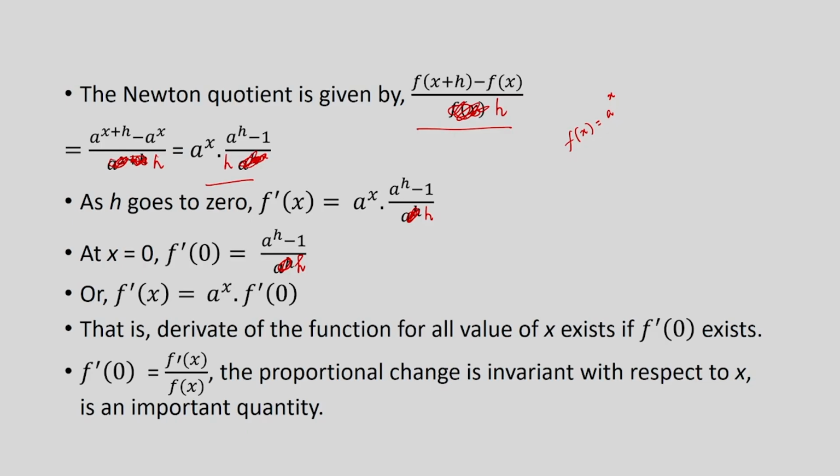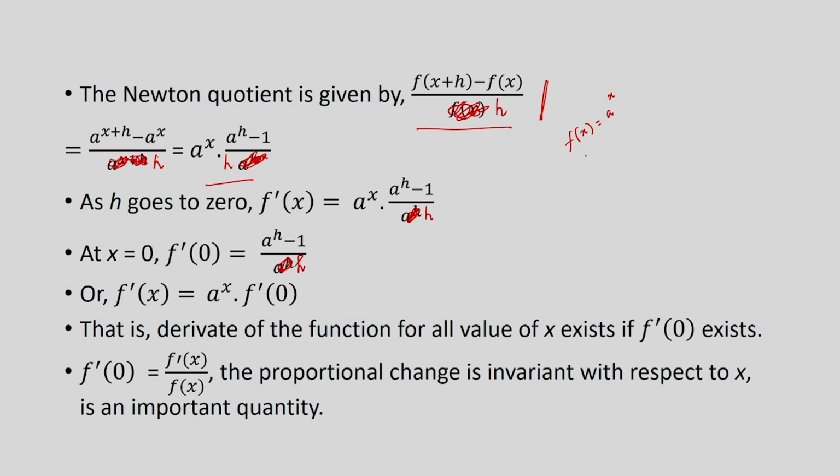Sorry for the corrections that I have done here. The Newton quotient is given by f of x plus h minus f of x divided by small h. h is the increment that is taking place in x. So we divide the change in the value of the function by that h.